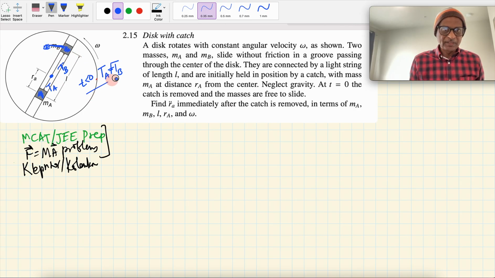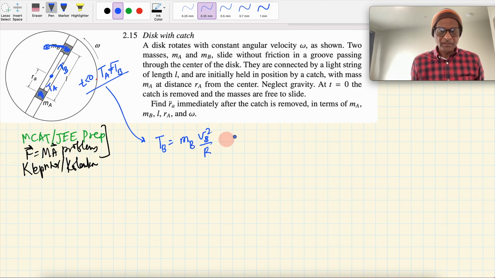So let's look at that situation. TB has to be MB VB squared over RB, and VB equals omega RB. So MB omega squared RB.